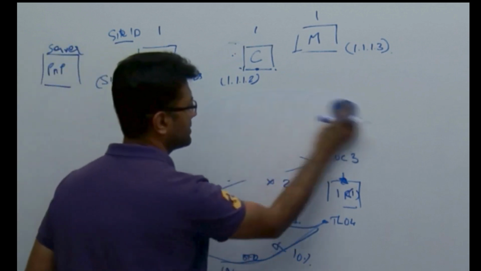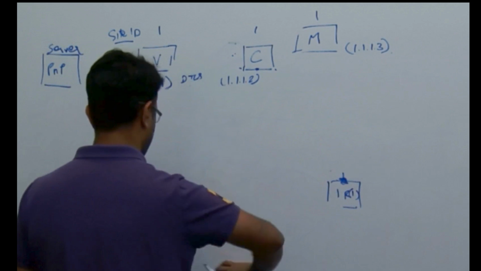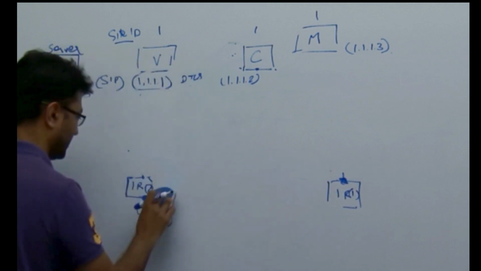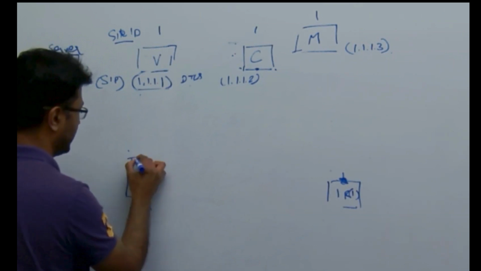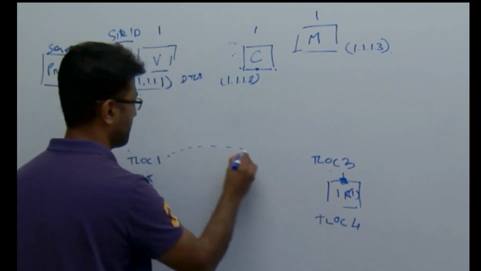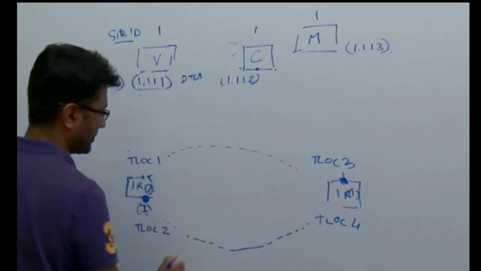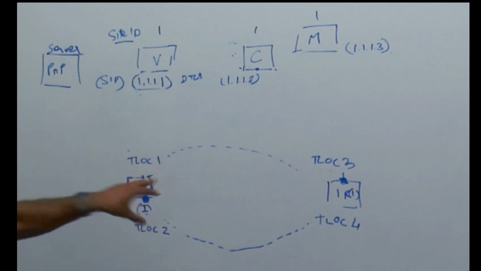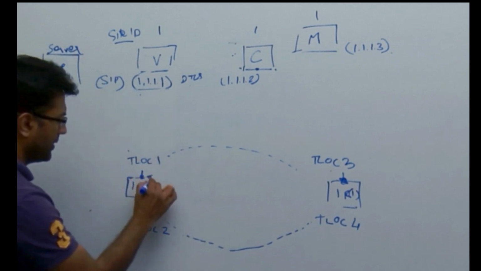And this is the last stage, and it's probably of interest to us as well. But let's redraw the TLOCs again. For the sake of clarity, I'm just going to draw two data tunnels, just for clarity. Okay.